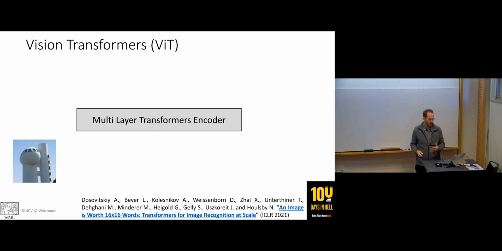We have this multi-layer transformer encoder with these blocks of transformers, and now we want to process the image using the transformer. What's the problem? No objective. Objective is something that we can worry about later. First of all, how do we feed an image into an architecture that expects sequences?